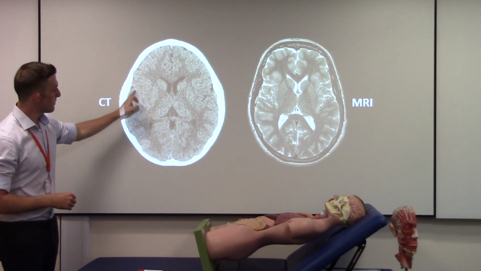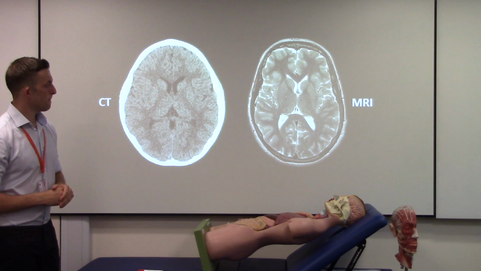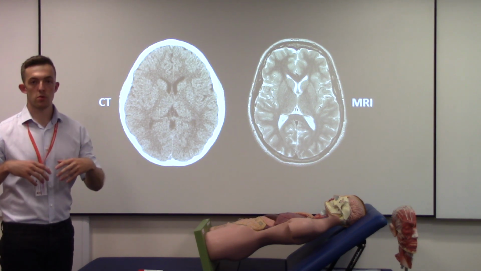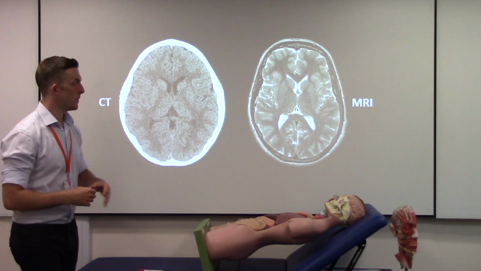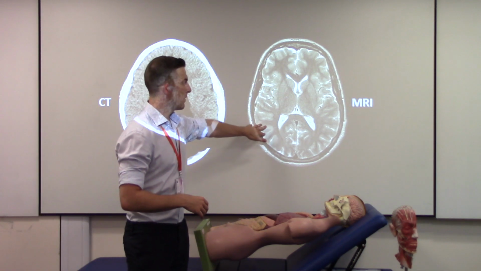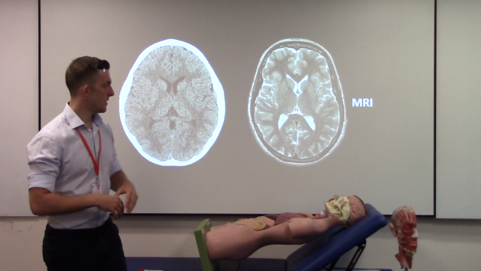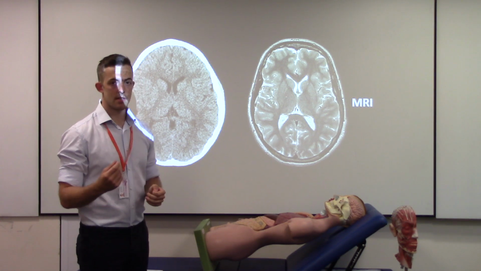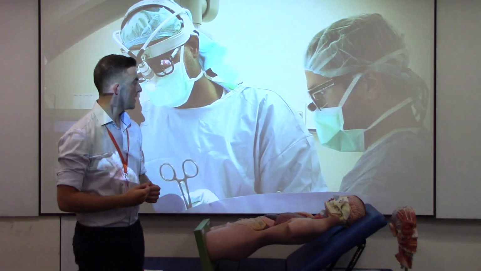We can also see any fractures, and then perhaps a few days later, we're looking for any damage that's been done. So we then send them for an MRI of their head, and the MRI allows us to see in much greater detail any damage to the fine structures of the brain.